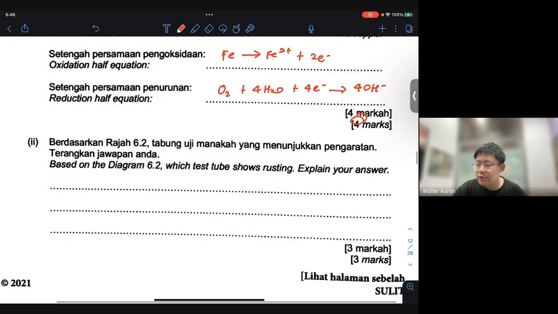Based on diagram 6.2, which test tube shows rusting? Explain your answer. So it is actually A and C. The one that has a change in color, a blue color intensity in the presence of hexacyanoferrate(III), will be able to show you this rusting process.